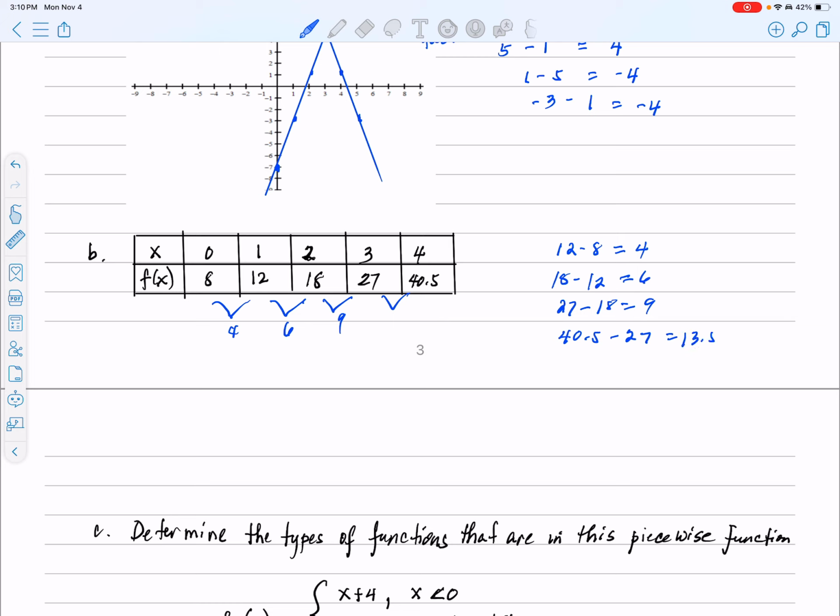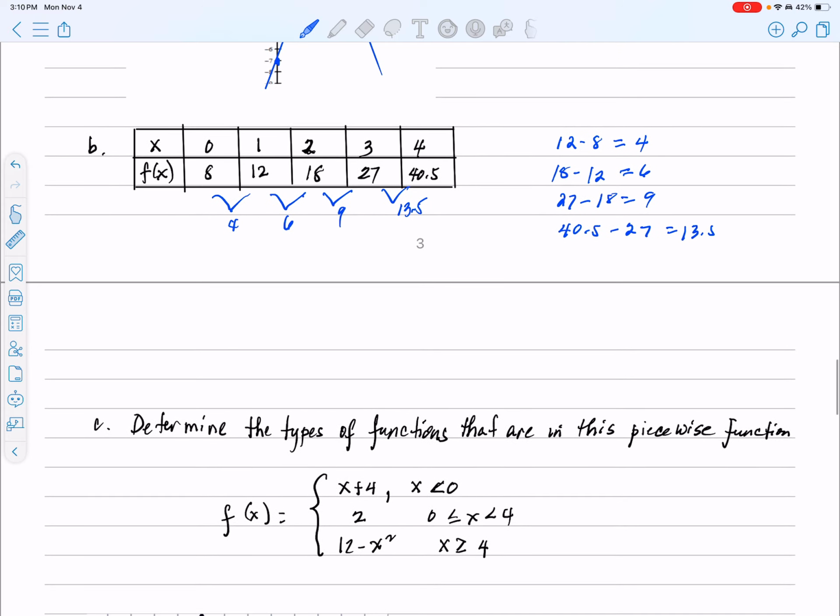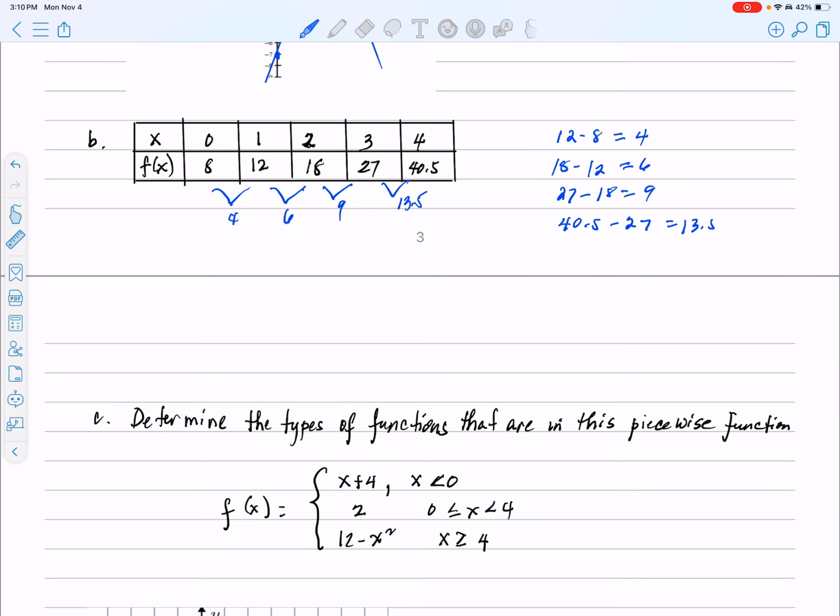All right? The rate of change is not even constant. So there are only 2 types of function we know of with a variable rate of change: a quadratic and exponential. So we might think about, is this a quadratic or exponential?